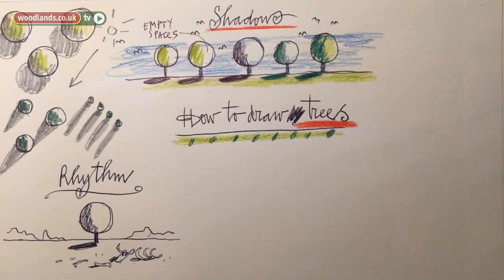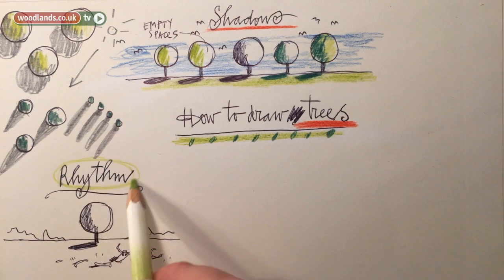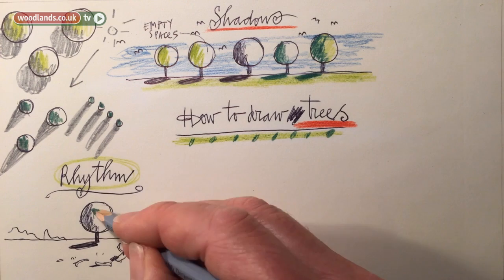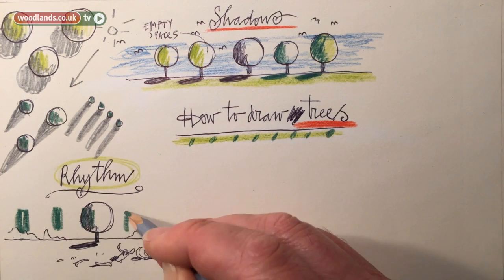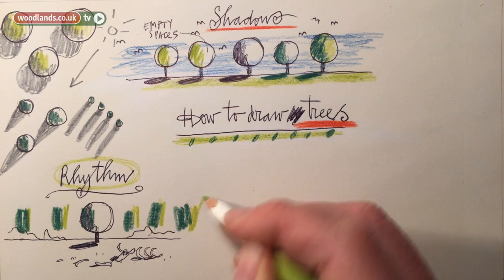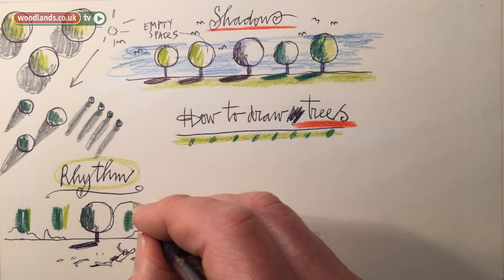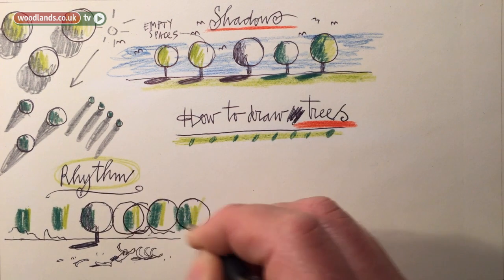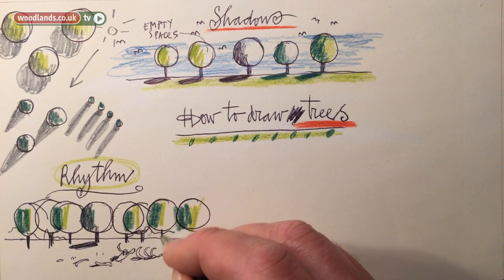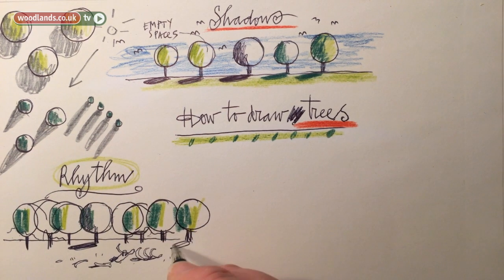Like in music, if you have a single note, you don't have much, but if you have notes and pauses and the right rhythm between sound and silence, you'll have music. The same is true with drawings. If you have the right rhythm between colored surfaces and empty surfaces, you'll have something.